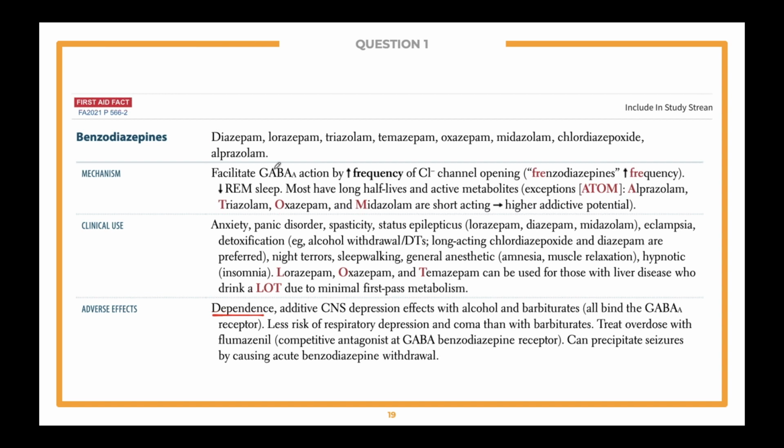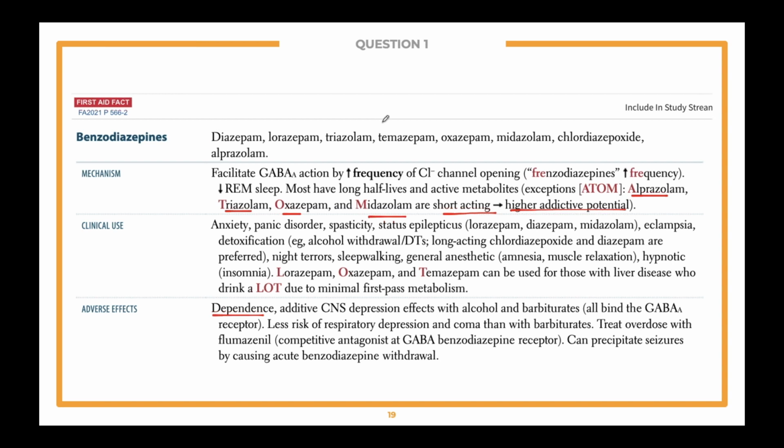On top of that, with the mechanism, under that row of mechanism, you can see there that some of them are short-acting. Alprazolam, triazolam, oxazepam, and midazolam. These are short-acting, so they have a higher addictive potential, okay? They also have a shorter half-life, so they don't last as long. So that's why patients take them more, and the effects of the medication run out quicker, okay?